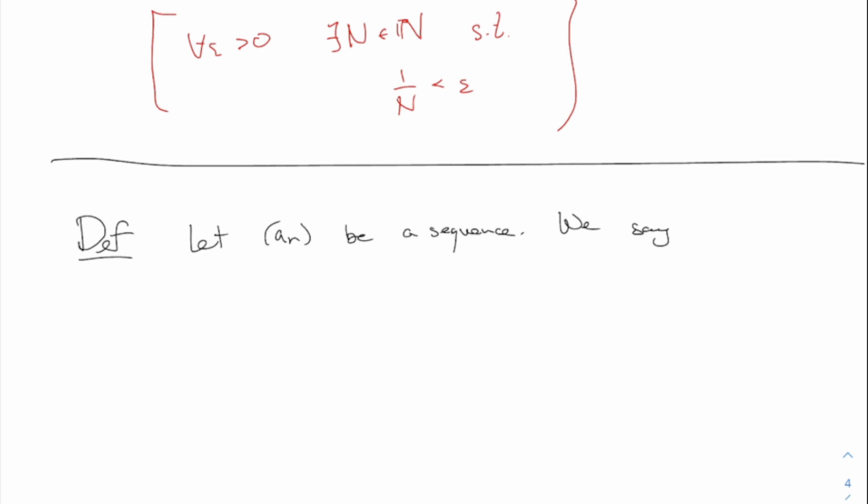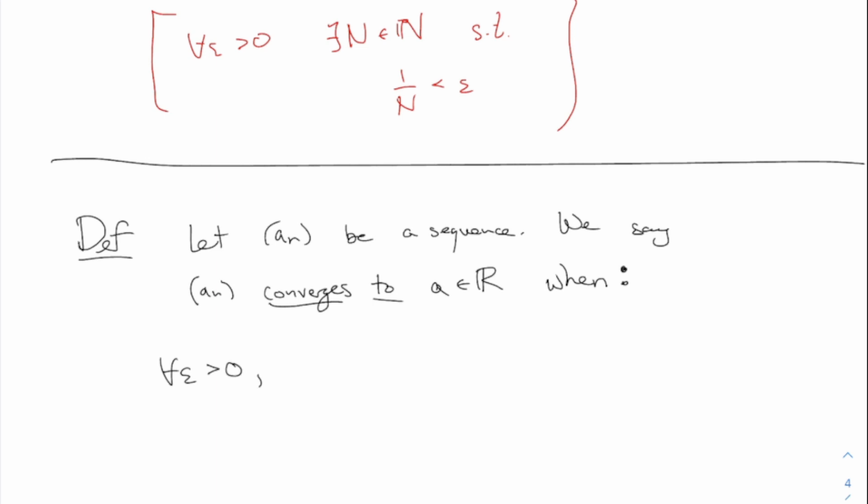We say that an converges to some limit a. You have to say what the limit is. In this case, I'm saying the sequence an converges to some particular number a when, and here I'm going to write all of that stuff.